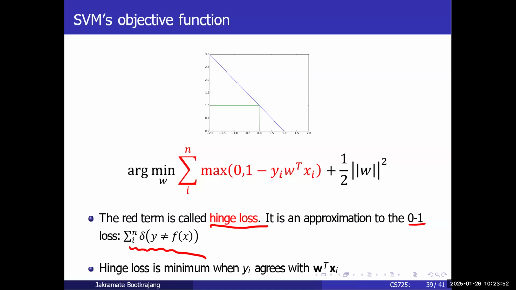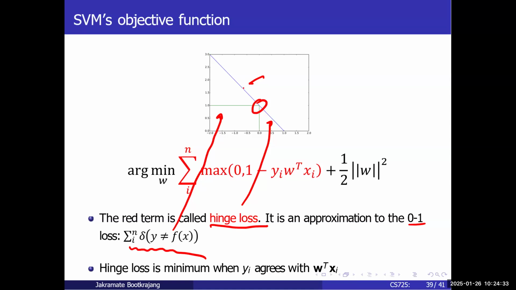But this function is the green line, right? This 0, 1 loss function is the green line, and the hinge loss is the blue line. As you can see, the blue line is more smooth, and you can take the derivative of the blue line, because for the green line you have points that are not differentiable, since the slope is undefined at that point.